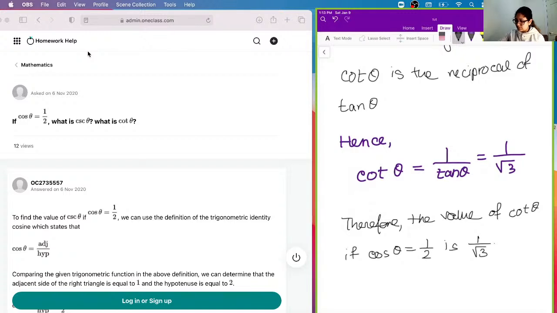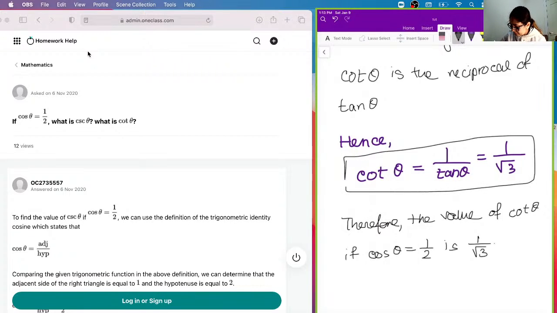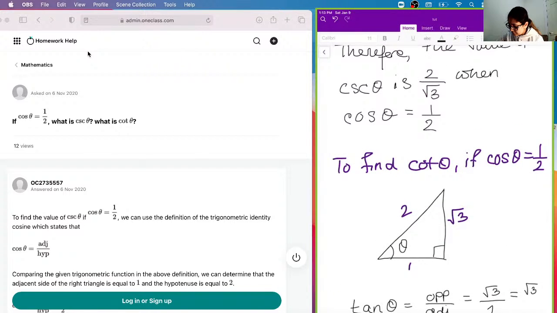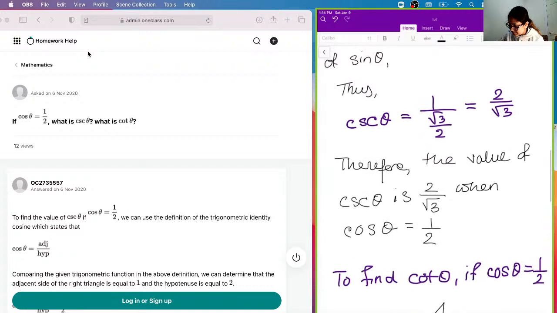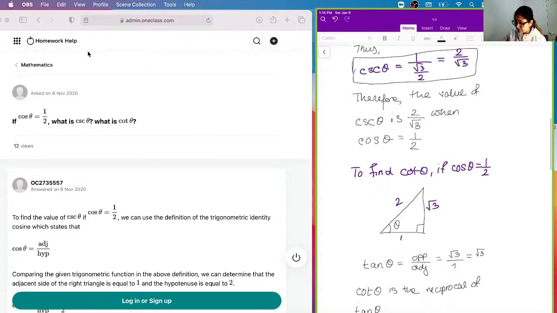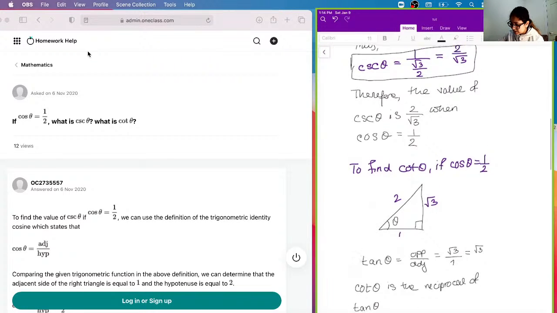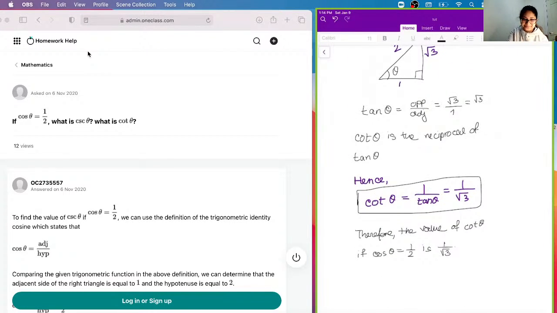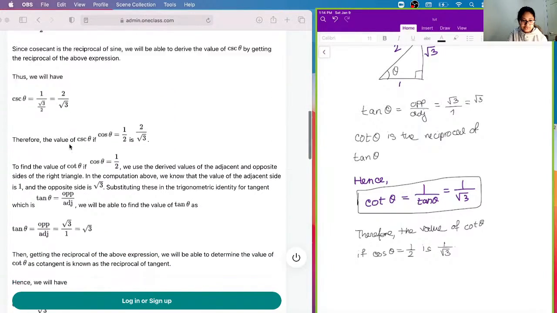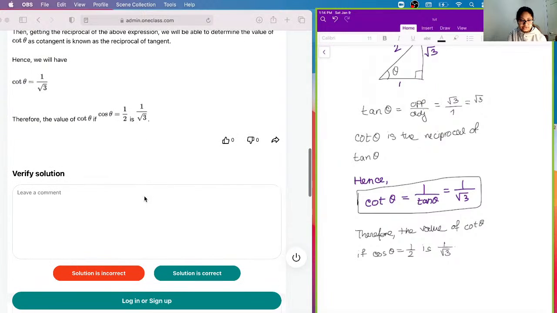And so we found the values for cotangent theta and cosecant theta, which is over here. So these two were our answers: 2 over root 3 and 1 over root 3. And so they have 2 over root 3 and 1 over root 3. So this is correct.